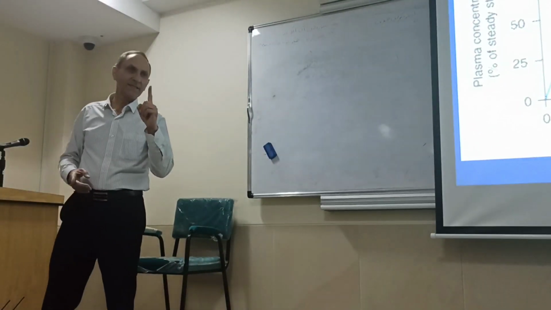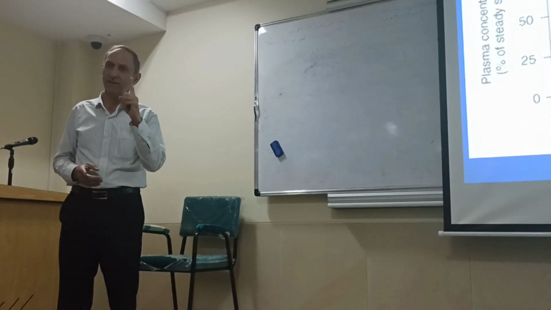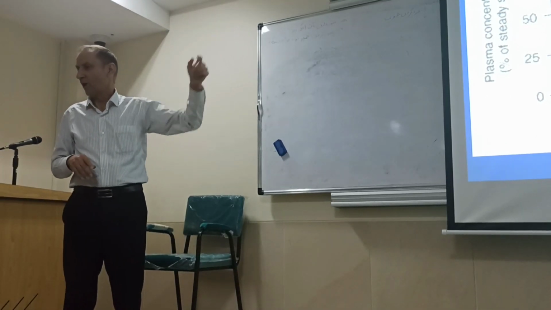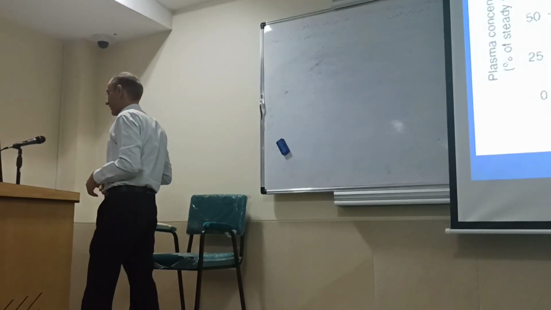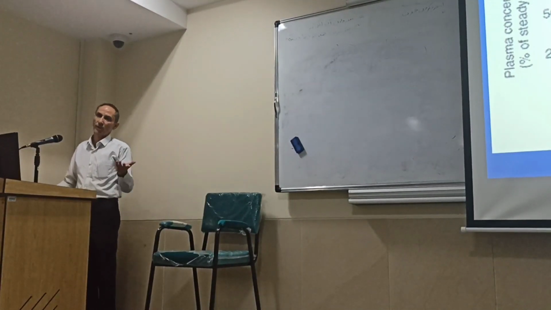If a drug has a half-life of 24 hours, after 5 days we reach 97% of the maximum possible concentration in the blood.